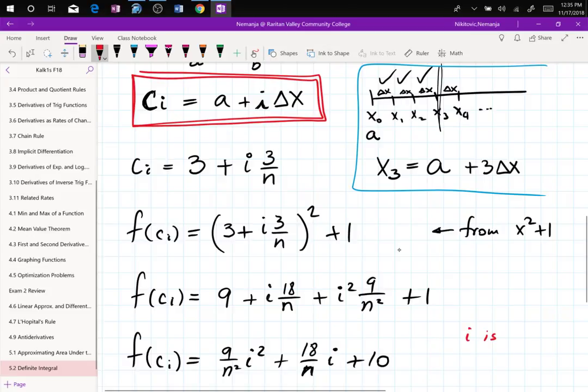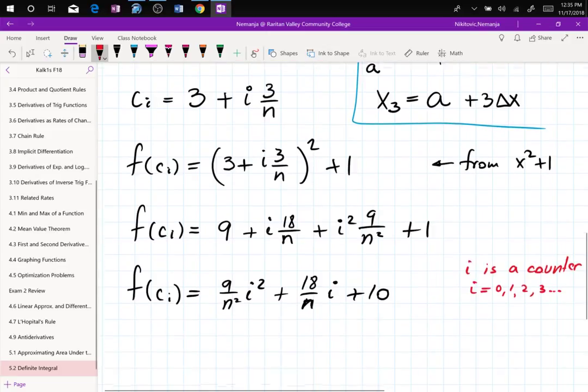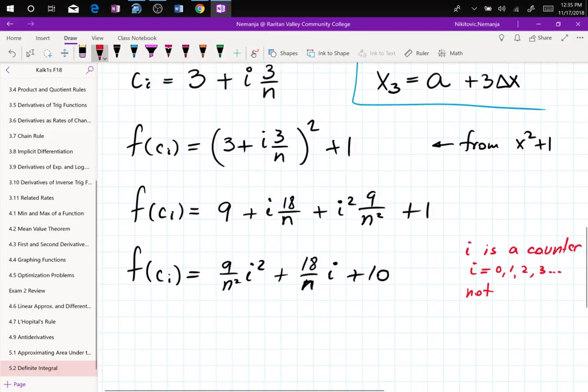Let me write this in blood. i is a counter. Meaning i equals 0, 1, 2, 3, not imaginary.